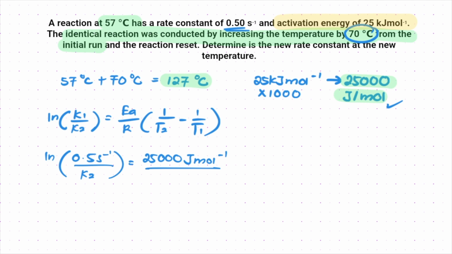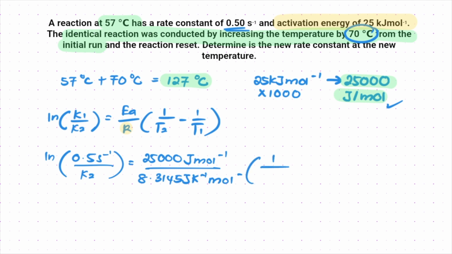And R is the gas constant. So the gas constant is 8.3145 joule per Kelvin per mole. And then the temperature.